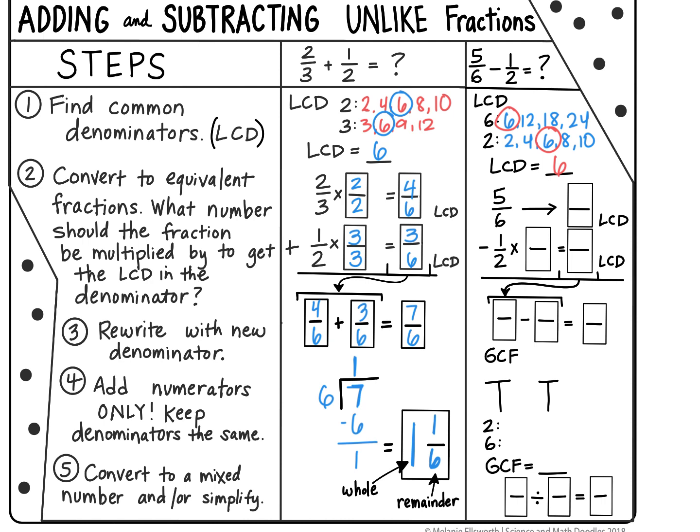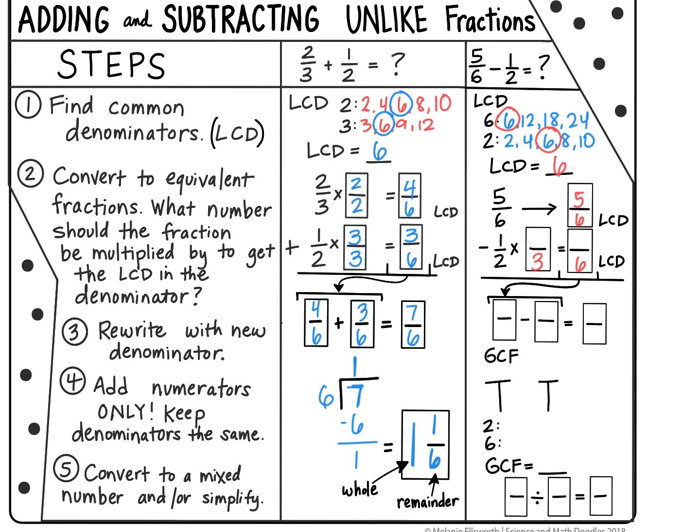So I'm going to rewrite both of my fractions using 6 as my denominator. Now, I already have 5/6, so I don't have to do anything to this one because 6 times 1 is 6, which means that 5 times 1 will still be 5. So this fraction actually is not going to change. Only 1/2 will change. So what do I multiply 2 by to equal 6?